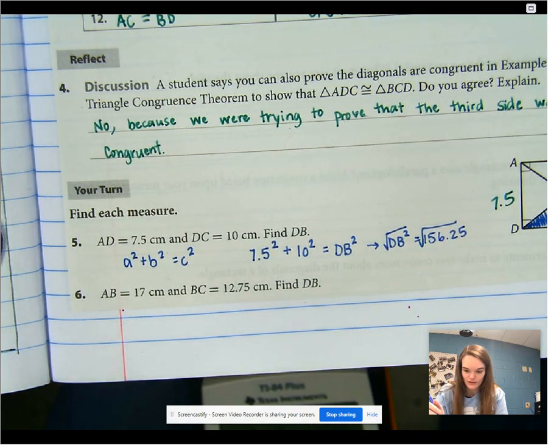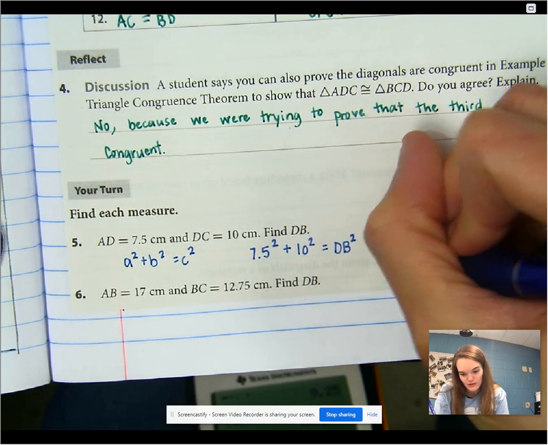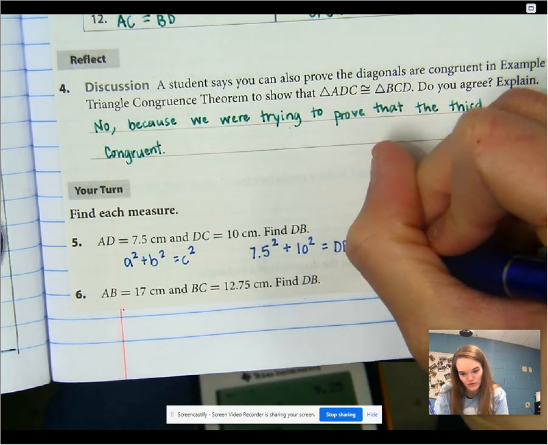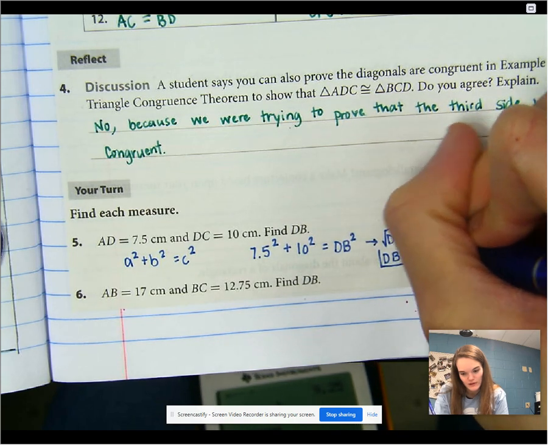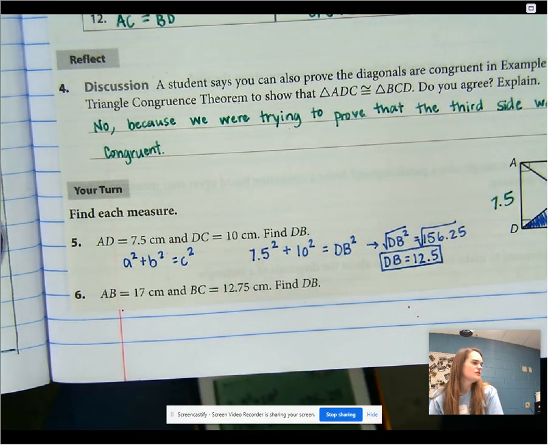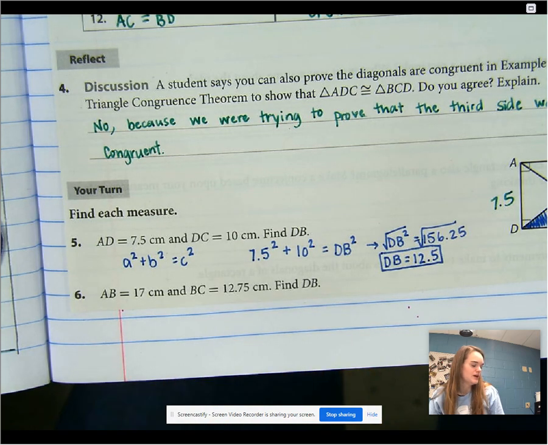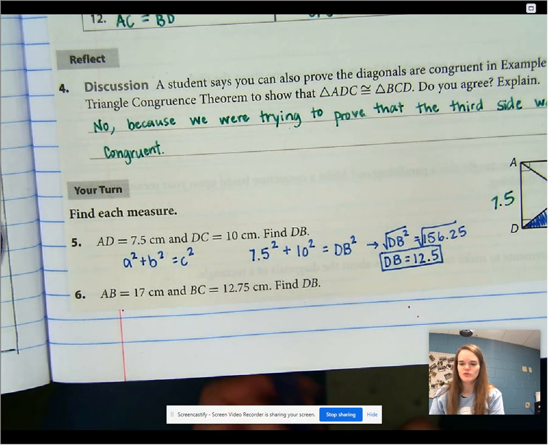Don't round anything. DB is 12.5. So I used the Pythagorean theorem. Pause the video to find DB for number 6 with those new measurements. Remember, these old measurements don't matter. So pause the video and try number 6.